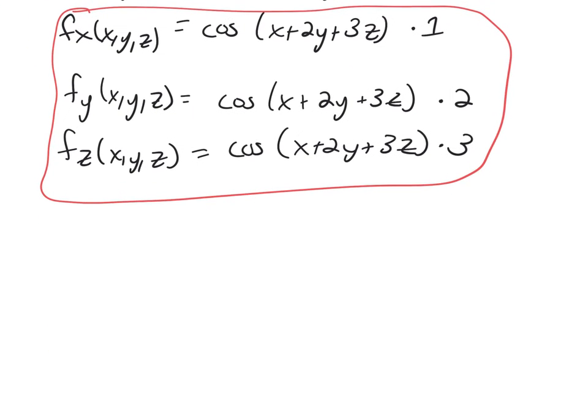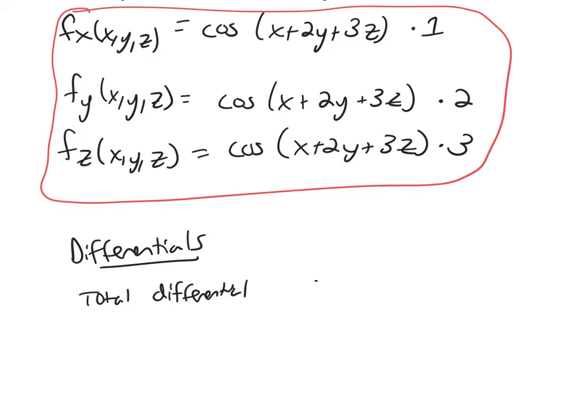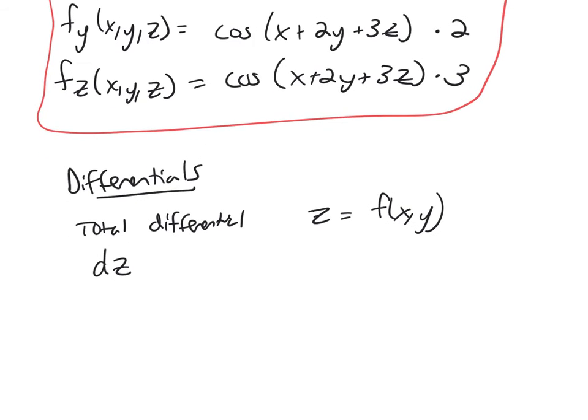All right, so let's talk about differentials now. So our total differential, if z is equal to f of x, y, then our total differential is dz, which is going to be the partial derivative with respect to x dx plus the partial derivative with respect to y dy.